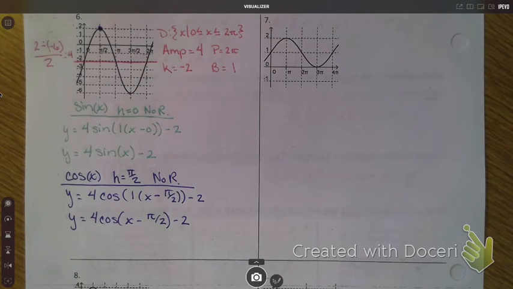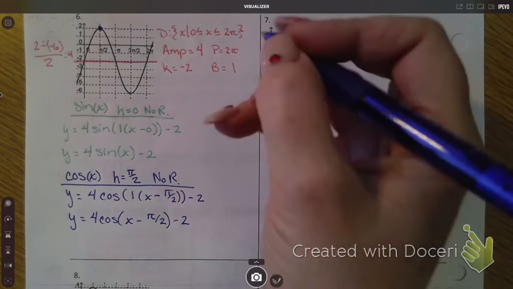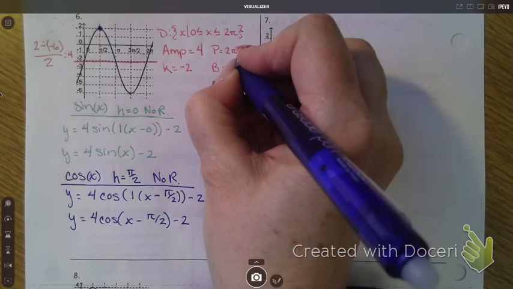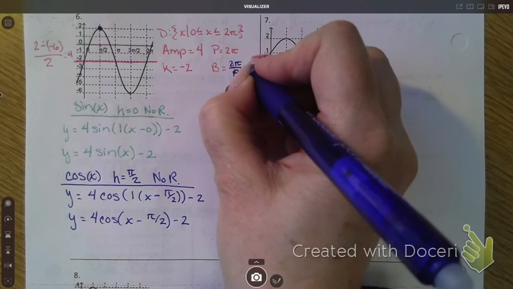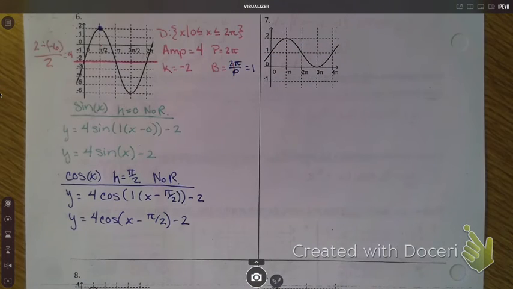What are you multiplying? Okay, so remember B is 2 pi over P. I just keep getting the P wrong. I thought it was the H, I thought it was the B. Yeah, it's all of it.